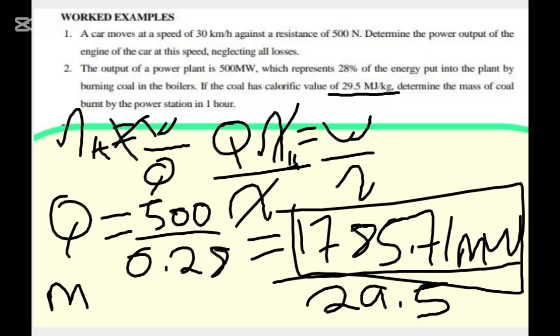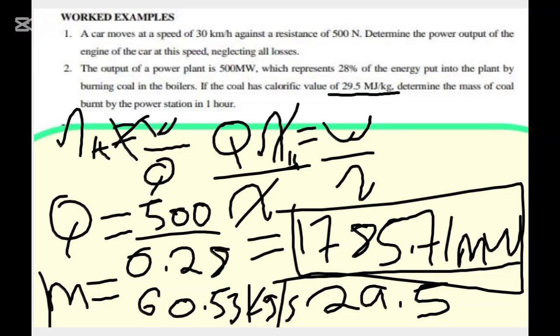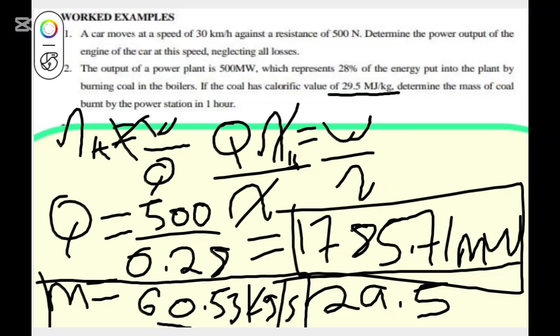So at the end, the mass flow rate of that coal is 60.53 kg per second. So I have to convert it to kg per hour, because this is in kg per second.